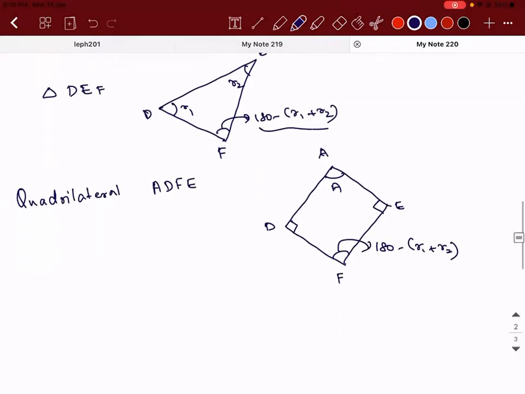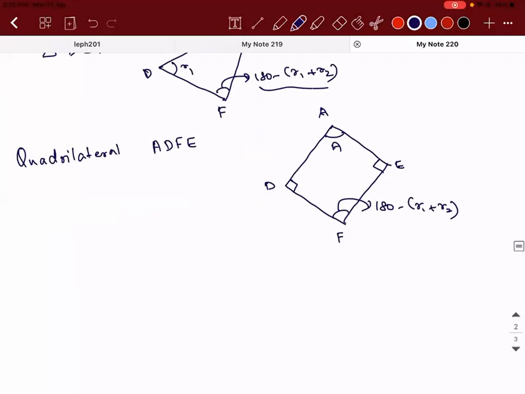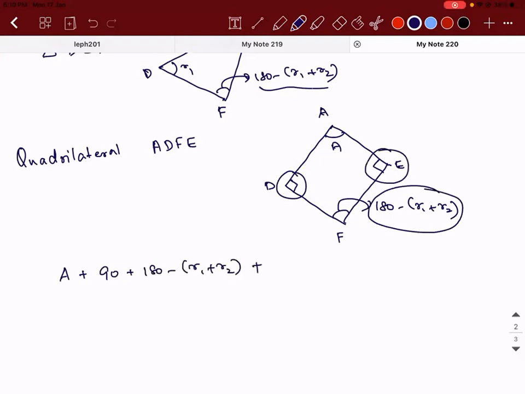Now listen to this. A plus this angle 90 plus this angle 180 minus (R1 plus R2) plus this angle 90 degrees all put together is equal to 360 degrees. So 180 plus 90 plus 90 is 360.